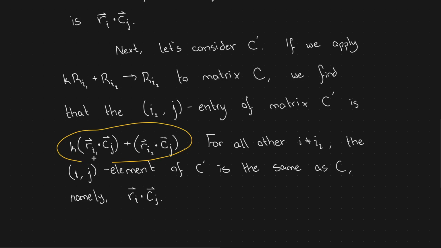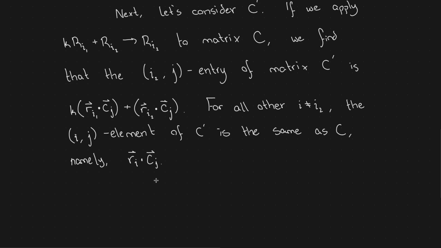Some constant k times r_i1 dot c_j plus r_i2 dot c_j. Okay, it's the exact same thing. Thus, C prime is equal to A prime B, and we're done.